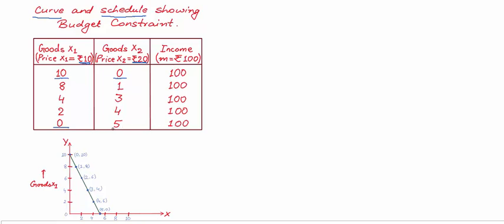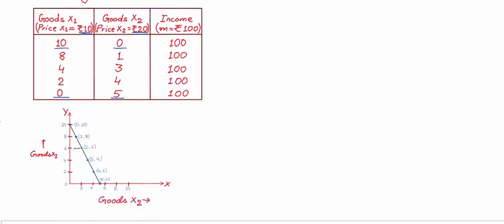This will give us the intercepts of the curve on the x-axis and y-axis. The intercept on the y-axis is 10, whereas the intercept on the x-axis is 5 units. So this is the given budget constraint of the consumer.